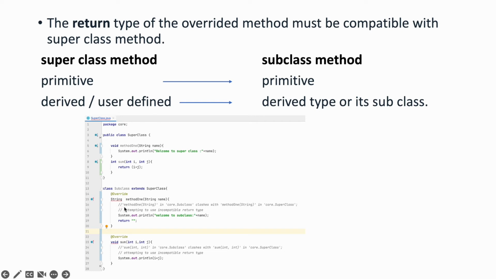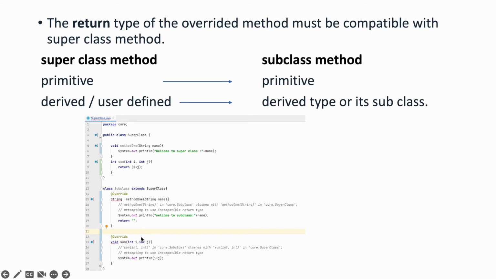It is saying that method 1 in the subclass clashes with method 1 in the superclass, attempting to use incompatible return types, so it will give an error like this. In the same example, we have a sum method and its return type is int, but in the subclass we changed from int to void.